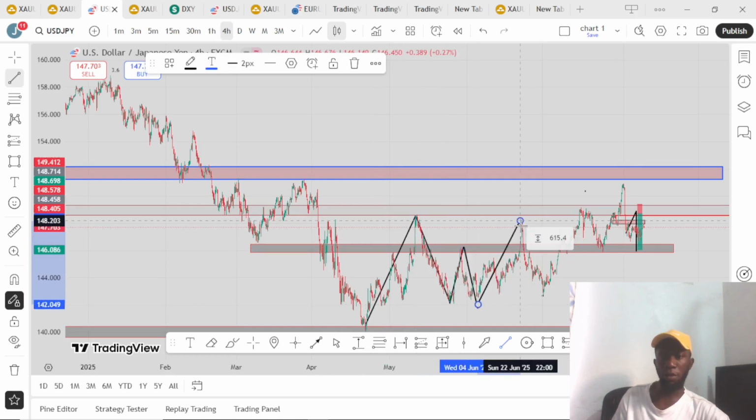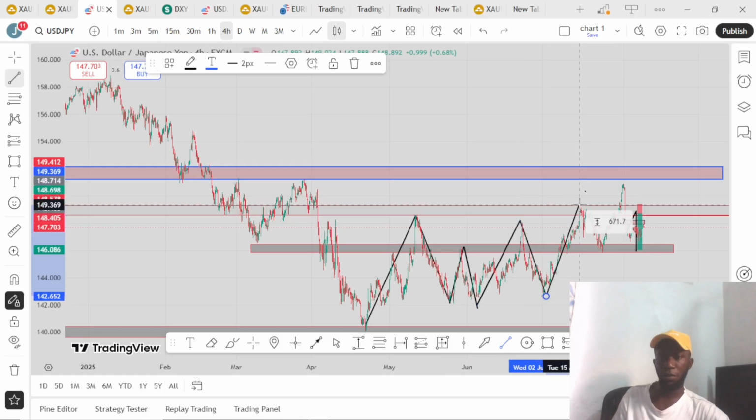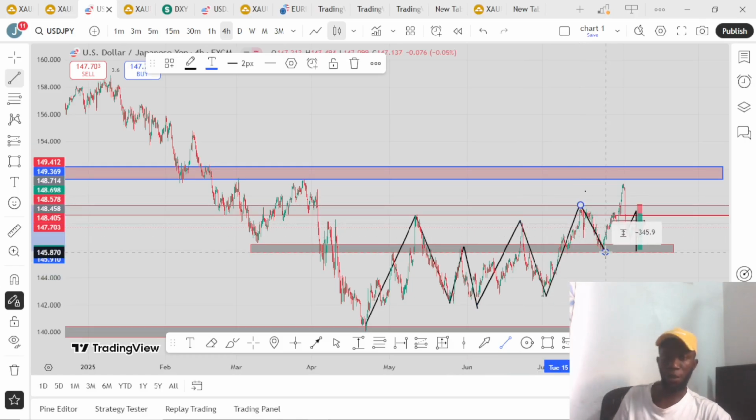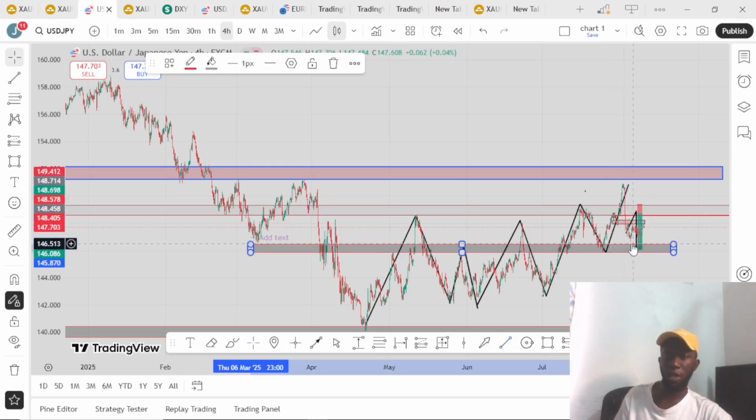So the pattern of this pair's movement recently has been affected maybe by some spirit, guys. So I think the best thing is to avoid this pair, because you can't predict the direction of the pair. Not that you can, but there is not a sure prediction to the structural movement of this pair.